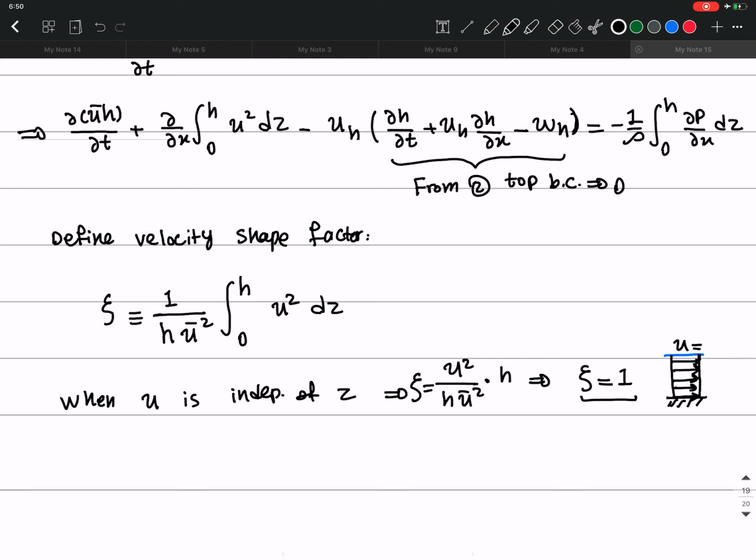Then u equals u bar, based on what we have defined, and Kc equals 1.